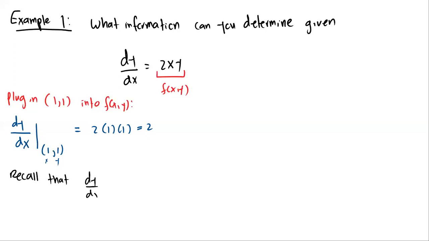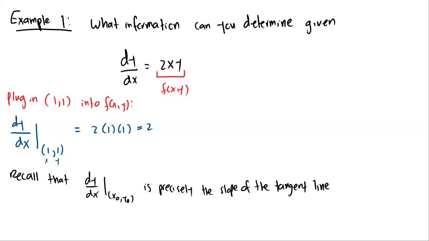Recall that the derivative of a function evaluated at a point is precisely the slope of the tangent line to the graph of y at the point (x0, y0).